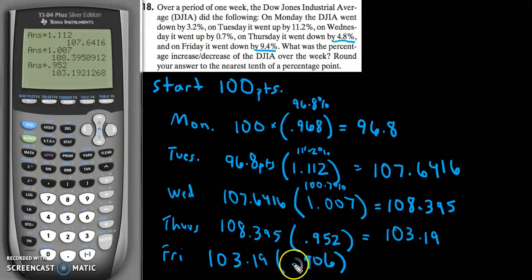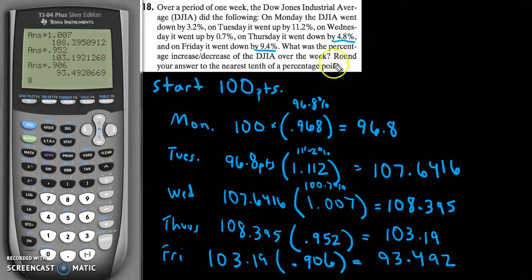So if I move it twice, it's 0.906. And so yesterday's worth times 0.906. Okay, so at the end of the week, it was worth 93.492, we'll call it this.